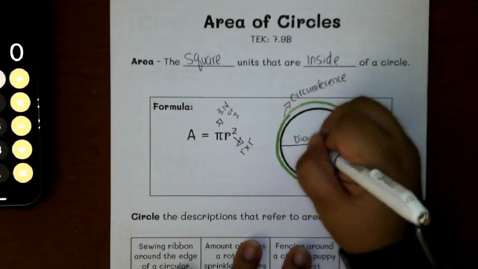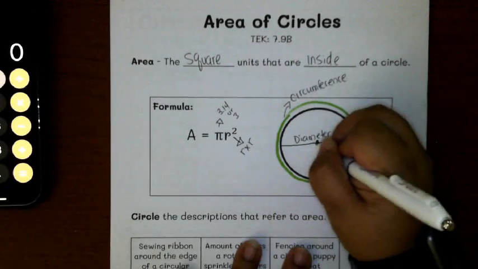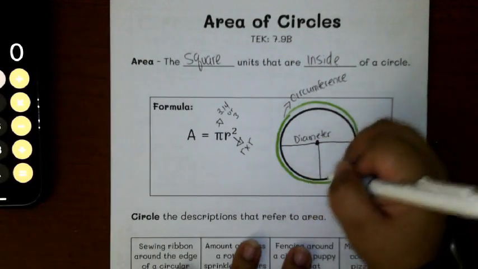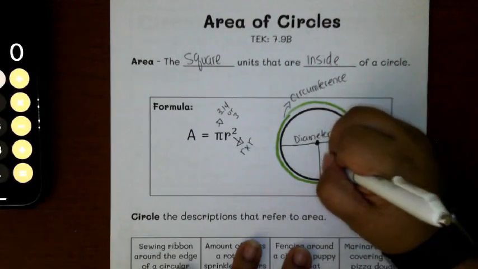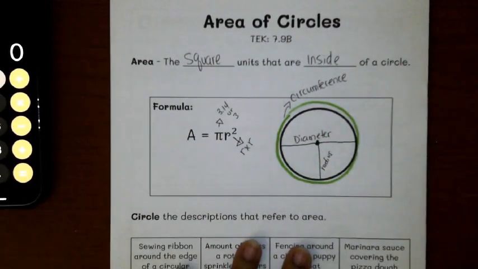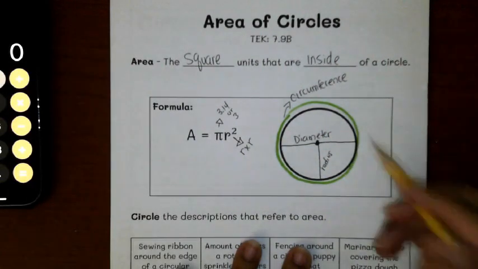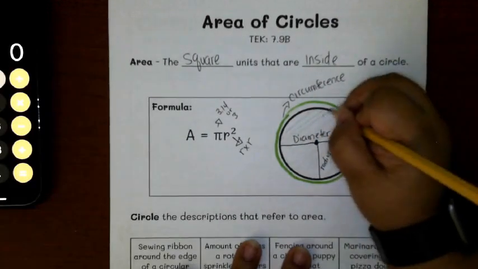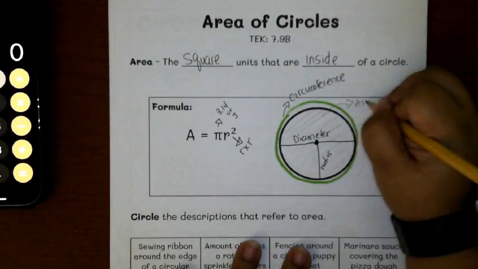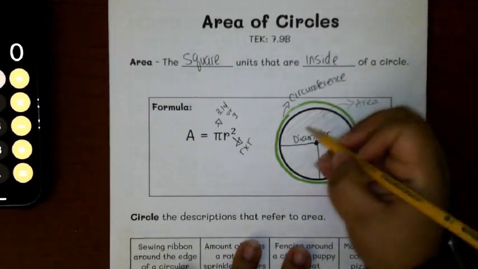If it's going from the edge to the center, or the center to the edge, that is going to be radius. Okay? And again, I'm going to do this in pencil, but anything, when it's in the inside, that is going to be area. Okay? So when you're trying to find area, you're trying to find all of the inside.